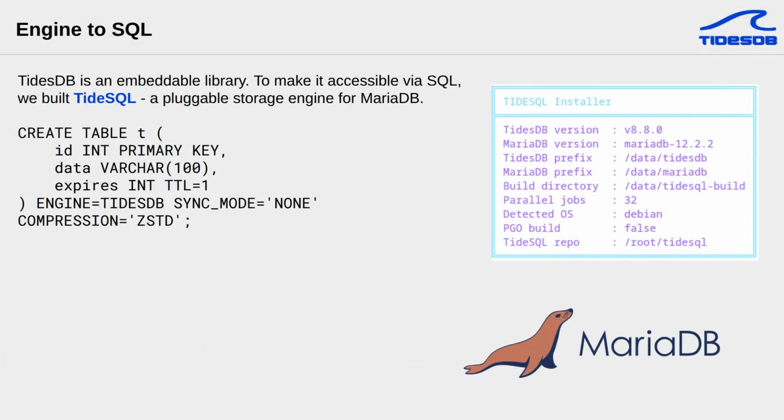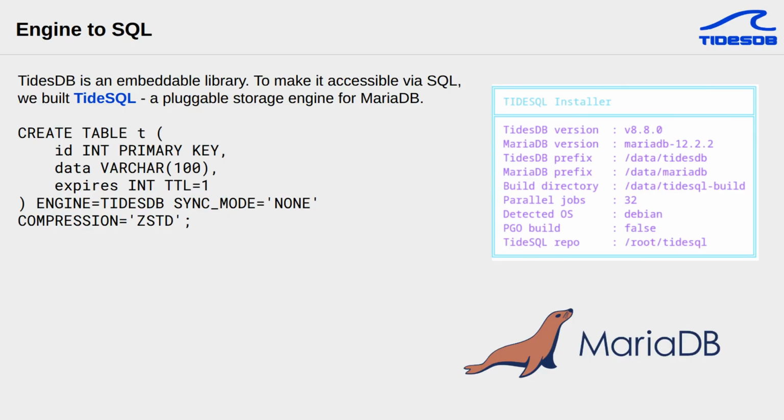So now for the engine to SQL. Putting TidesDB to work. We have TidesSQL, however you want to pronounce it. It's a plugin for MariaDB that allows you to use TidesDB.